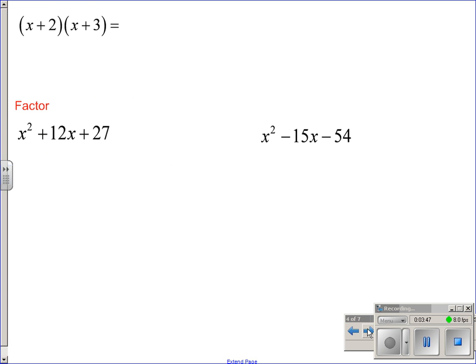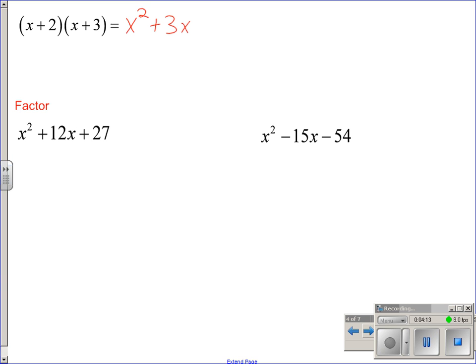Now, we're going to talk about some quadratics where we have the x squared term and an x to the first power term. To factor these things, you're really going to be doing FOIL in reverse. So for this top example, we're just going to do the FOIL. X times x, the first terms, is x squared. The outside terms is x times 3, so that's a plus 3x.